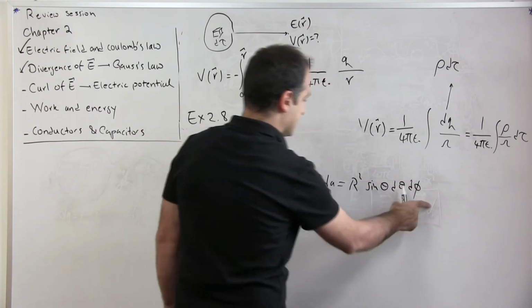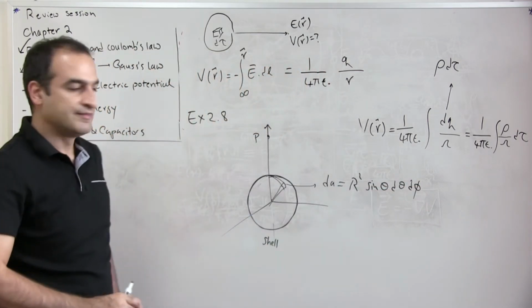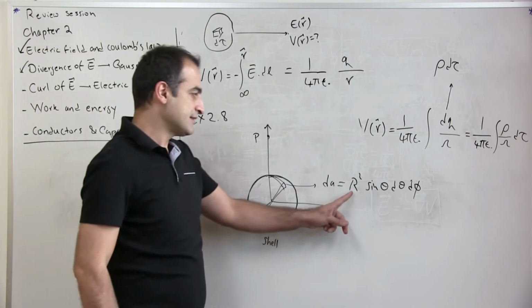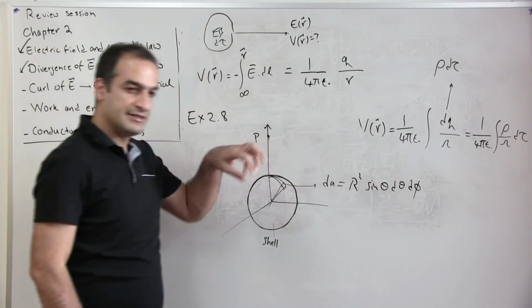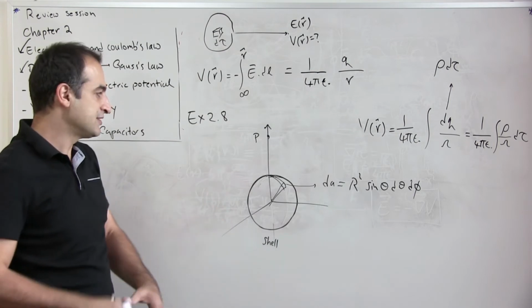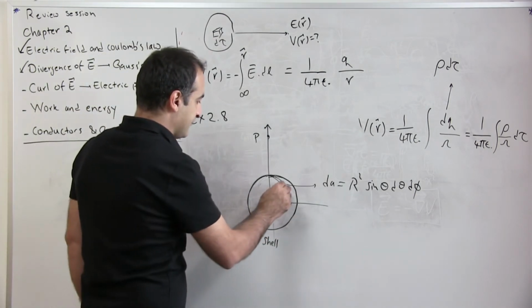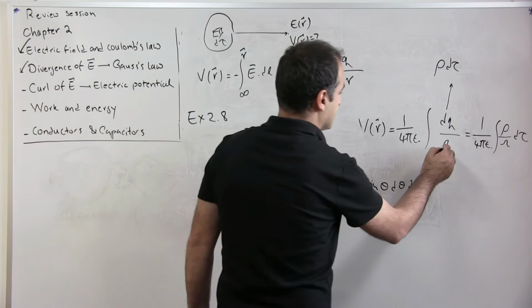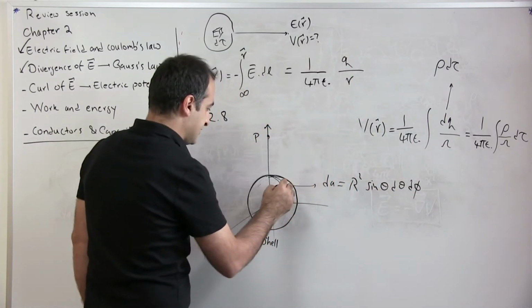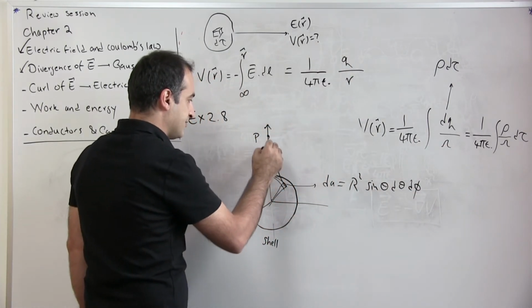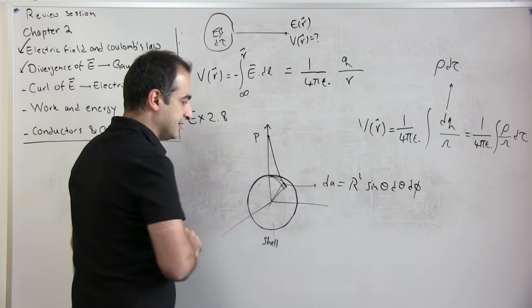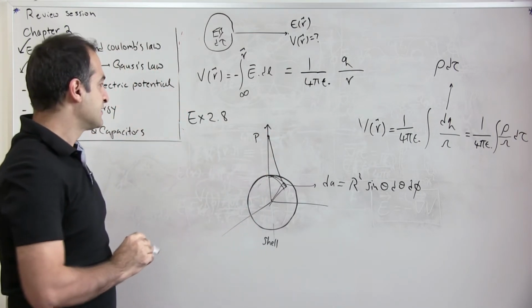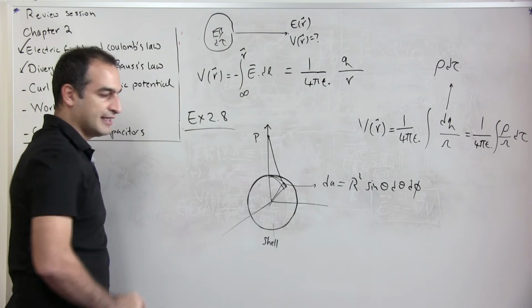These are all spherical coordinates, with the constant R, just changing the angle so that you can cover the surface of the shell. And if you integrate over this, you should also look at the R's that are the distance from this point to where you are calculating the potential. So this is example 2.8 of the textbook.